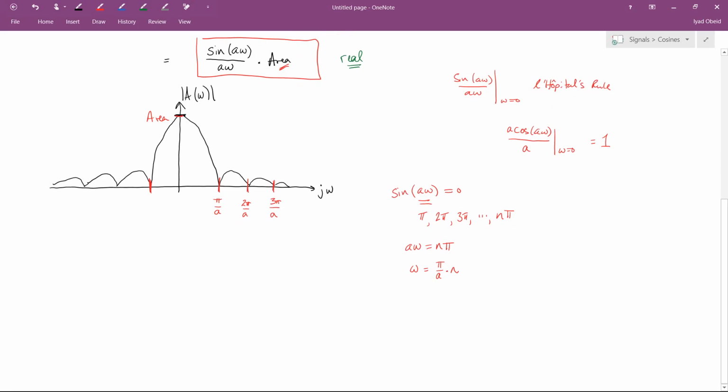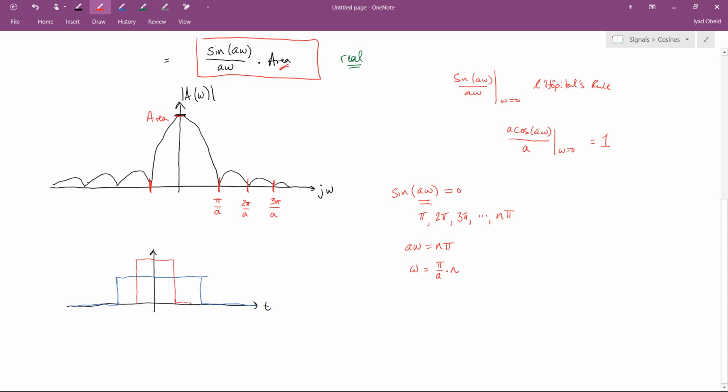Now, here's where this starts to get really interesting. Let's compare the Fourier transform of two different square pulses. Let's say that we have one that looks like this and another that looks like this.